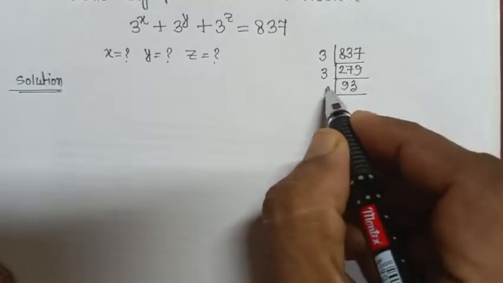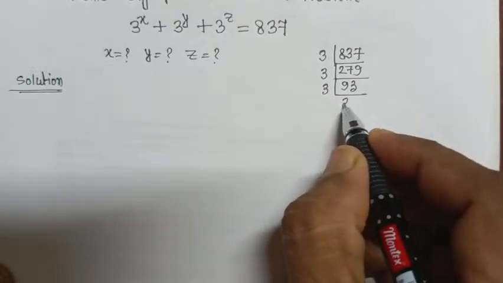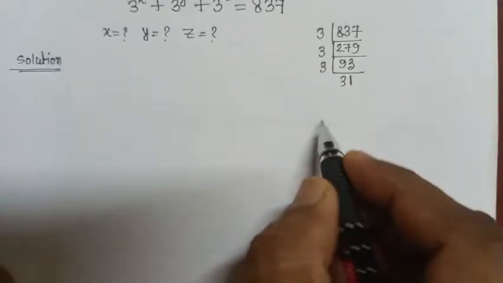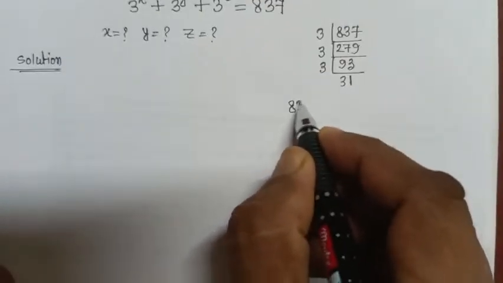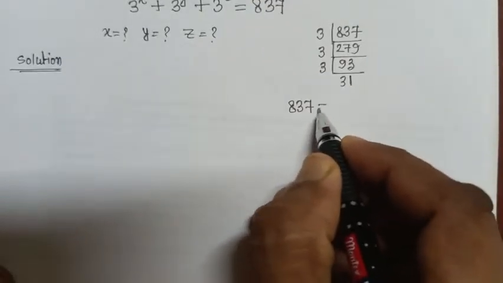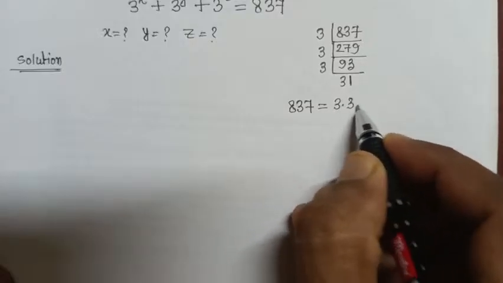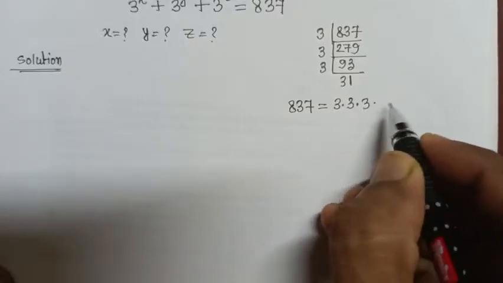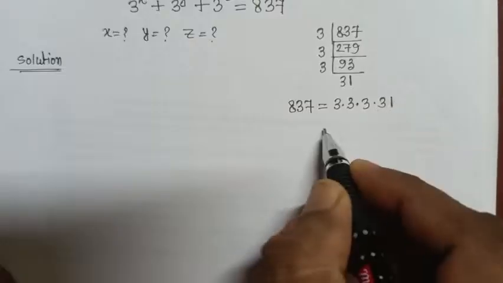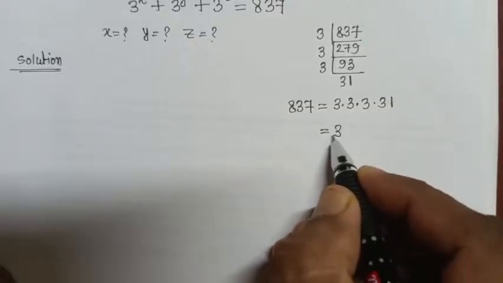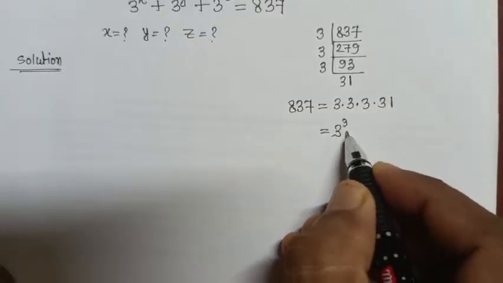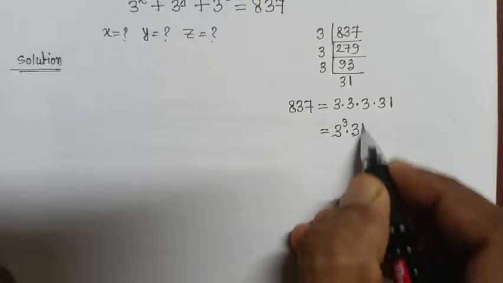Again by 3 we get 31. So we can write 837 as 3.3.3.31. You can express it as 3 to the power 3 into 31.